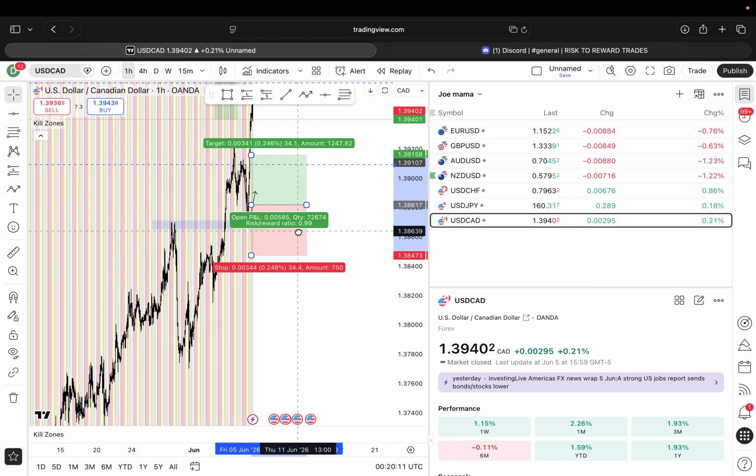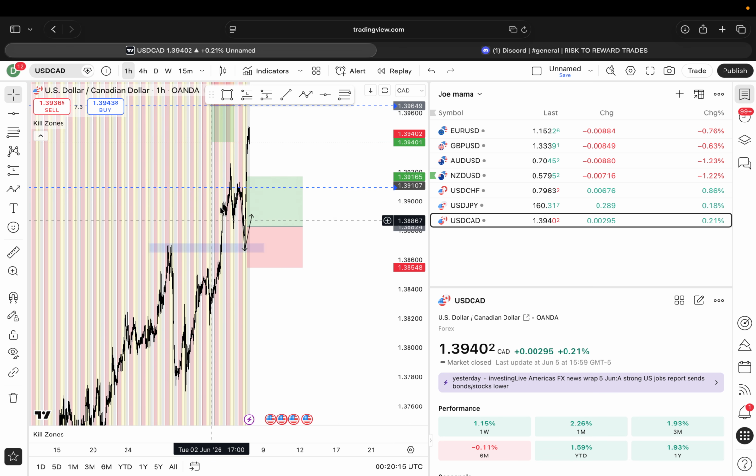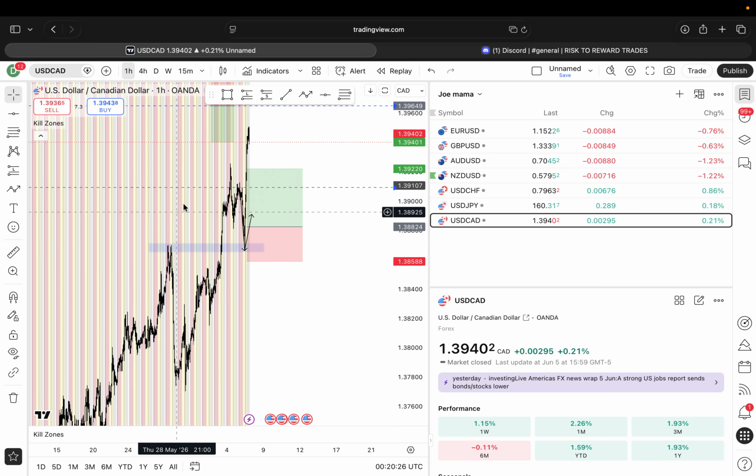Well, I actually got in lower because my risk to reward, from up here to up here, was 1 to 1.7, I believe it was.